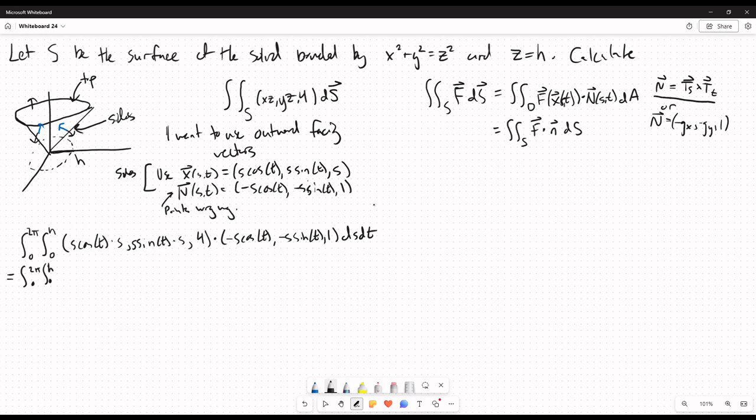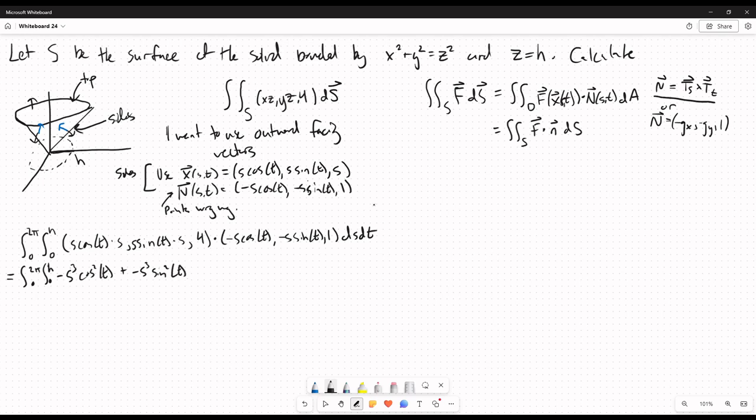into, well, that's going to be s squared, actually s cubed. So when I take the dot product, it's negative s cubed cosine squared of t plus negative s cubed sine squared of t.